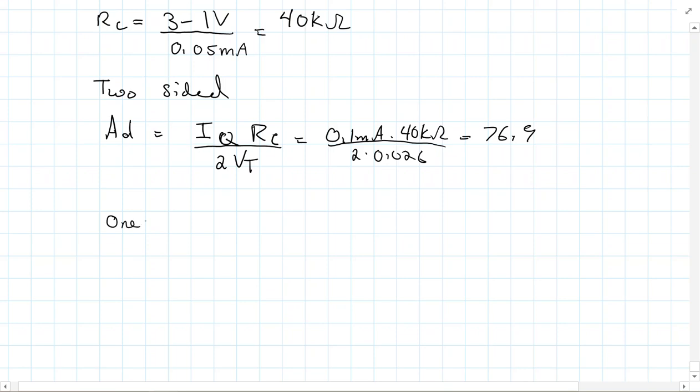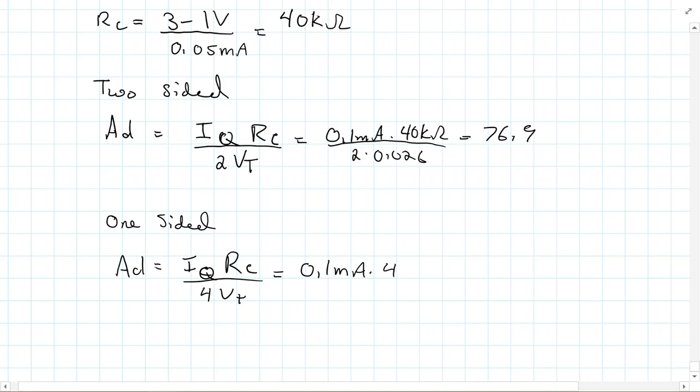And then a one-sided we'll see is going to be exactly half of that. Because it'd be IQ times RC over 2 VT, not 2, 4. So this would be 0.1 milliamps times 40K over 4 times 0.026.